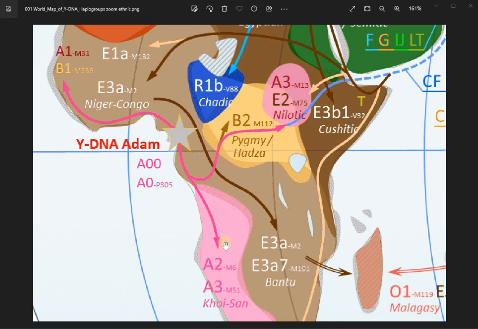The first Africans, the most native Africans. And then when it comes to Adam, Y-DNA Adam, it's supposedly A00 and A0, and they don't even have a region. It's only cases.